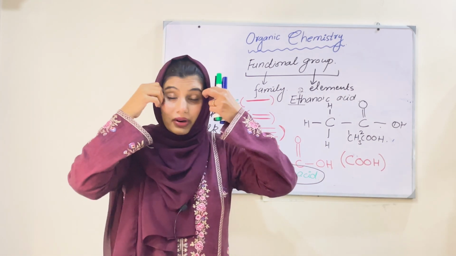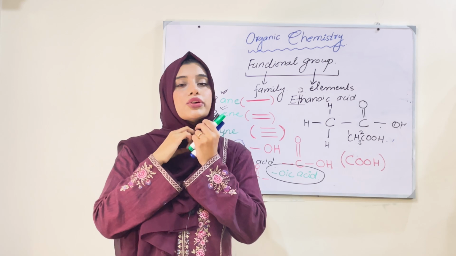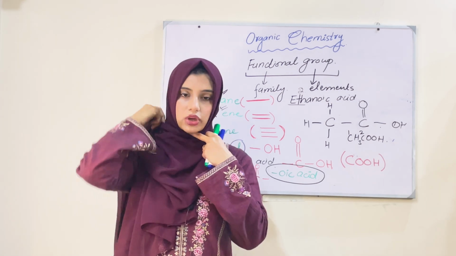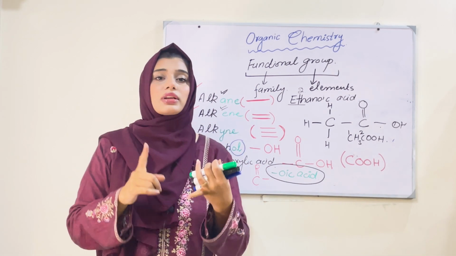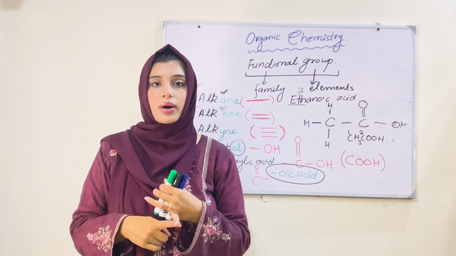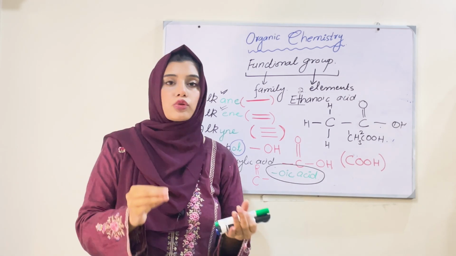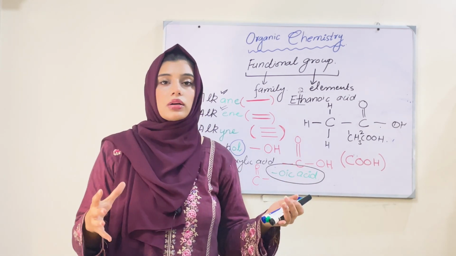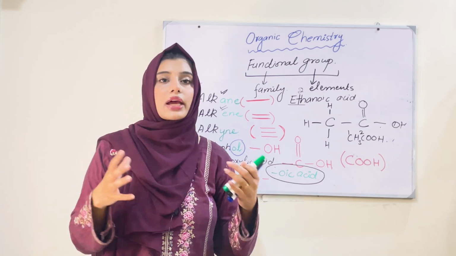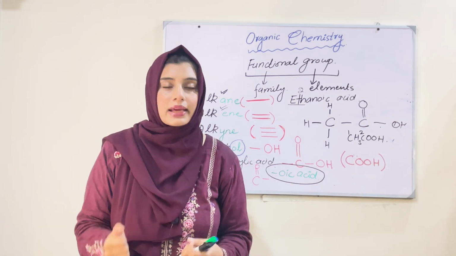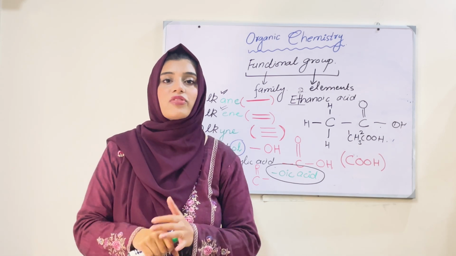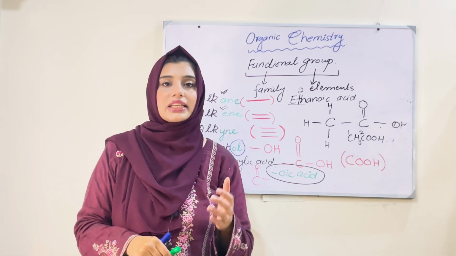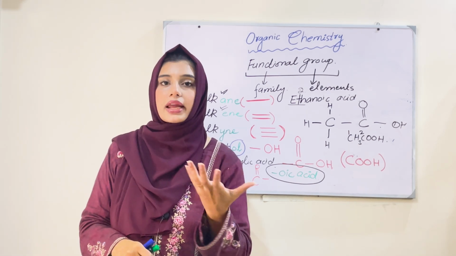So to summarize this whole lecture of introduction to organic chemistry, I explained what organic chemistry is. Then I told you about hydrocarbons, that when a compound has only hydrogen and carbon, this is called hydrocarbon. Then I told you about functional groups, the particular group of elements which represent the family of that organic compound.